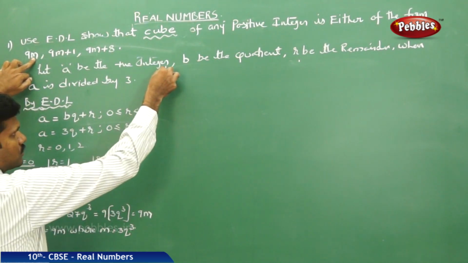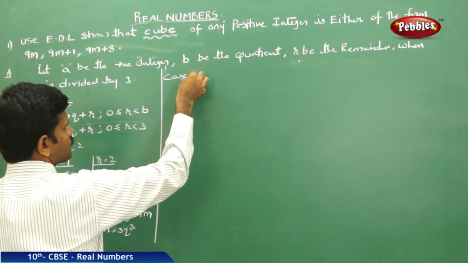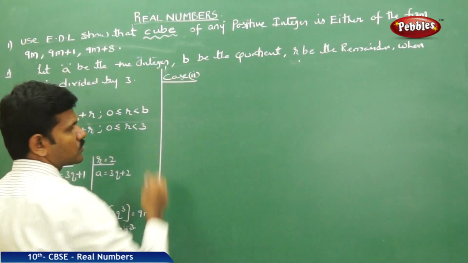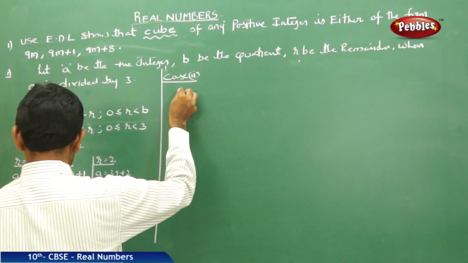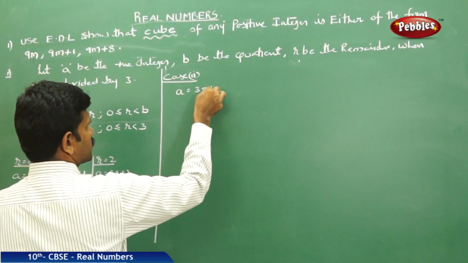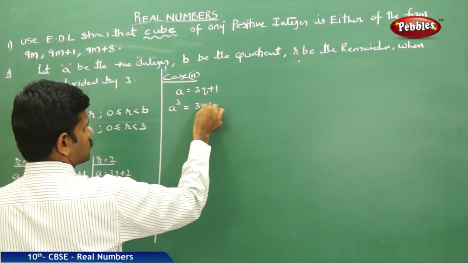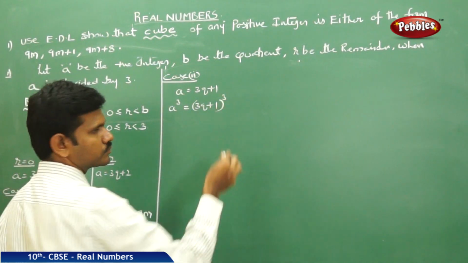Next, consider case 2. a is equal to 3q plus 1. a cube is equal to (3q plus 1) whole cube.